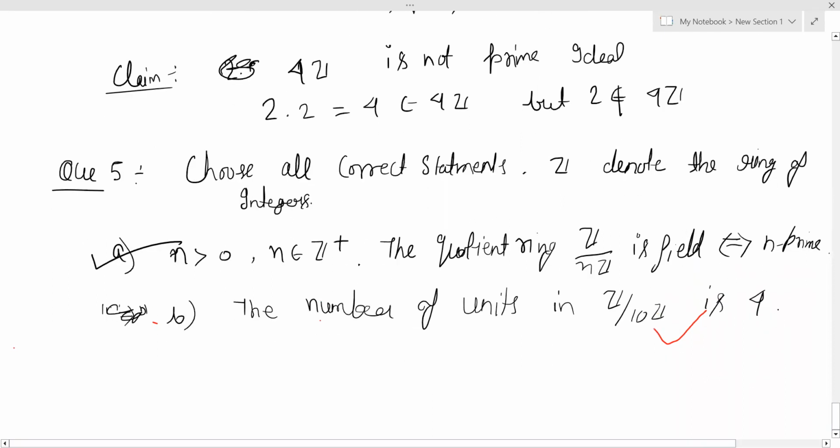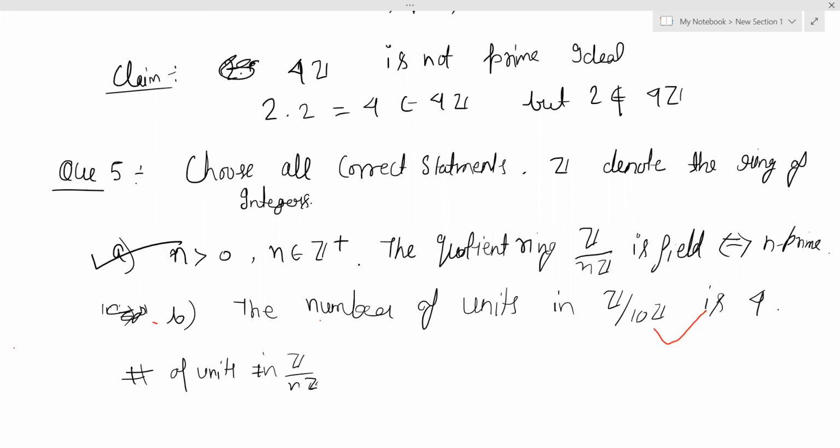Muthukumar, is this correct? So the number of units in Z mod nZ is the number of integers which are relatively prime to n and less than n.